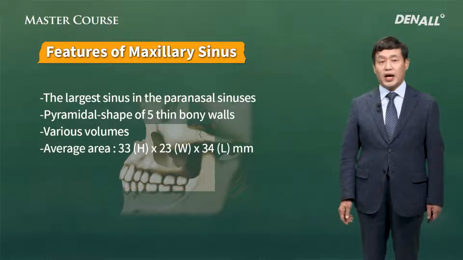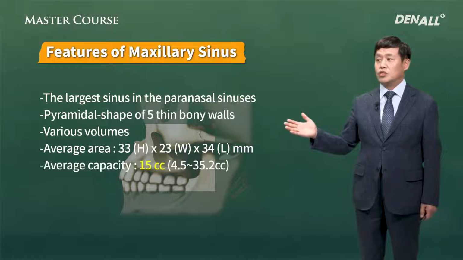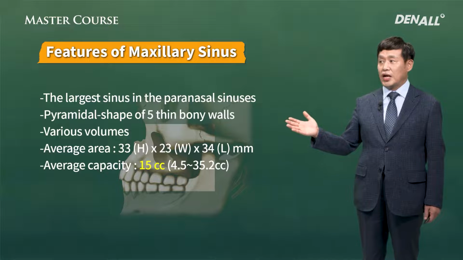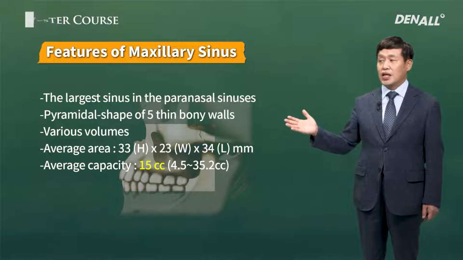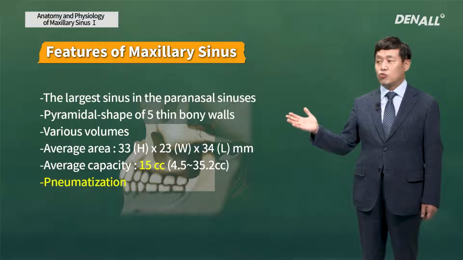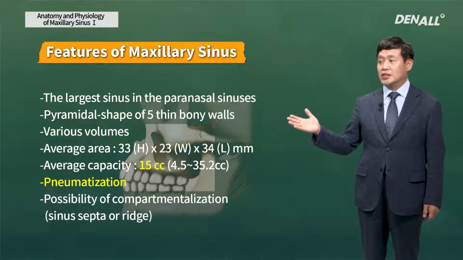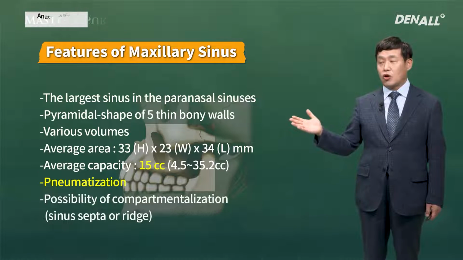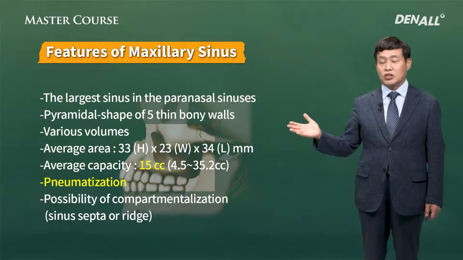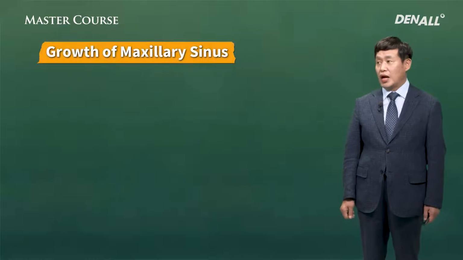The average capacity in Korean people is about 15 cc. If upper posterior teeth are missing, pneumatization can occur, and in the maxillary sinus, a septum or other compartments can make maxillary sinus surgery difficult.